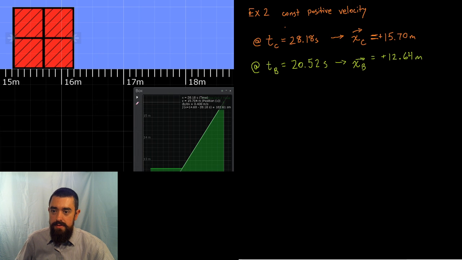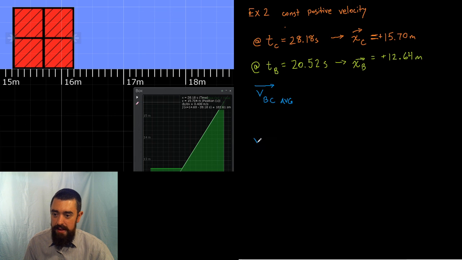All right, let's use another color. Let's use blue. So let's look at B to C. And for this we're going to do what was the average velocity from B to C, so I guess I have to use B, C, and then the average velocity.